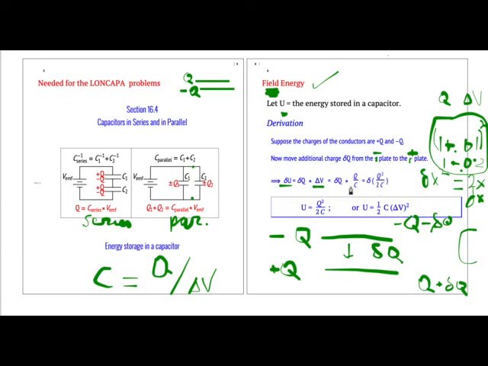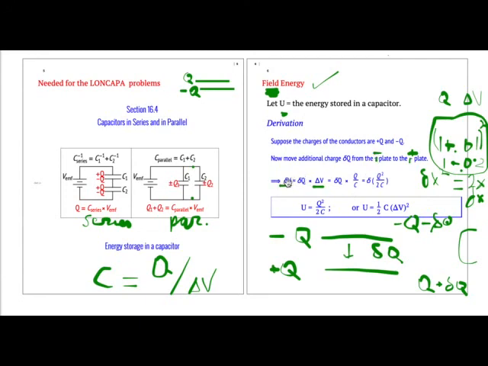Now, of course, when I make this change in the charge, the capacitance does not change because the capacitance doesn't depend on the charge. The capacitance just depends on the area and the separation of the plates. So the capacitance is a constant as far as Q is concerned.